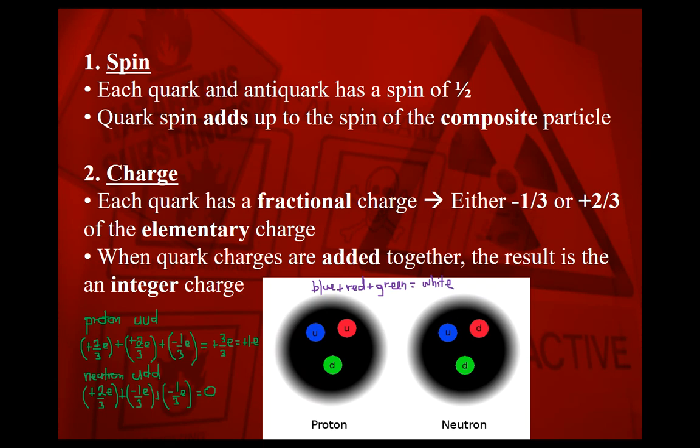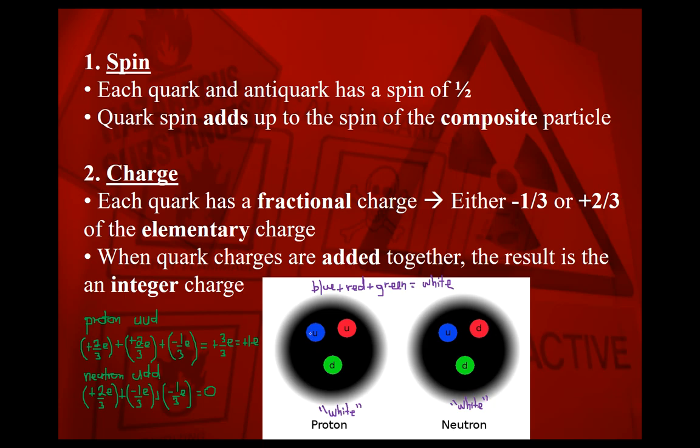So when you take all the different colors of the individual quarks, they have to add up to give you net white. Okay, it's got to be a net white color. Now here's the thing. Do these quarks actually have color?